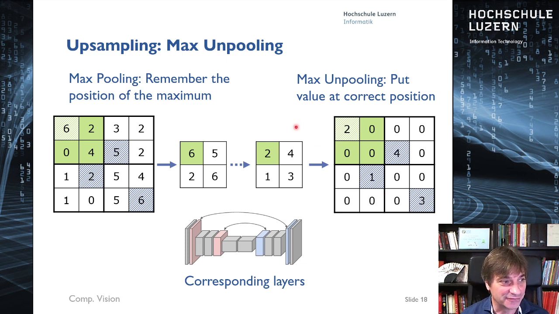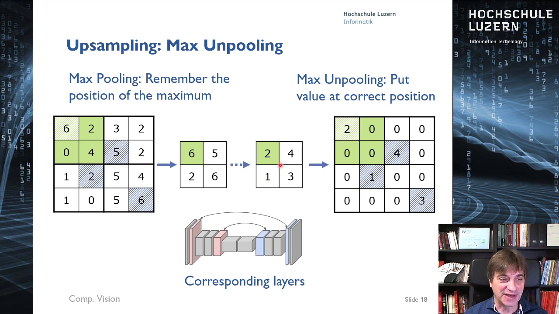For this to work, you need to remember the position of the maximum that you took for the max pooling. And then later in your pipeline, you will be at the corresponding step where you want to do the unpooling.